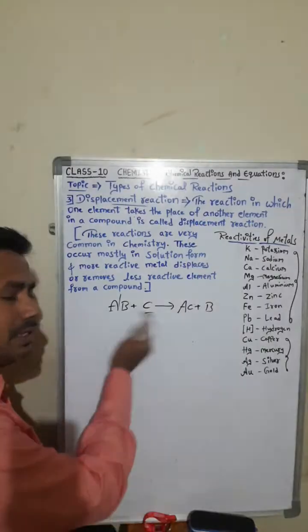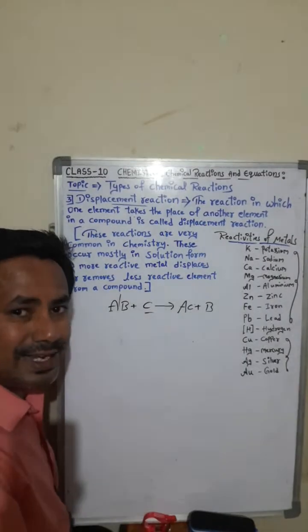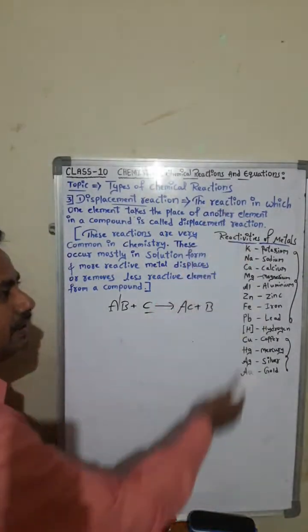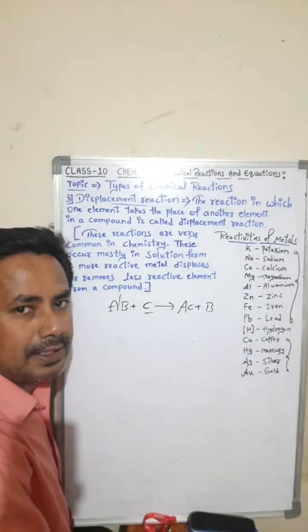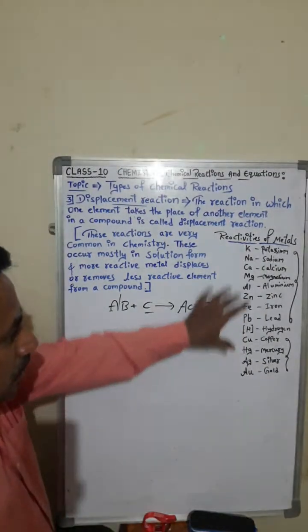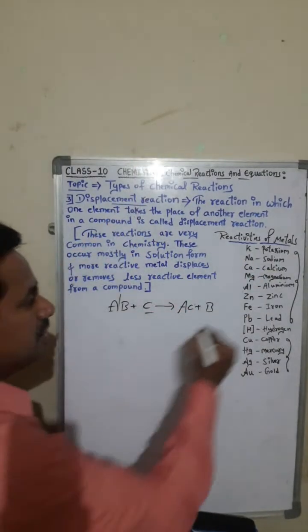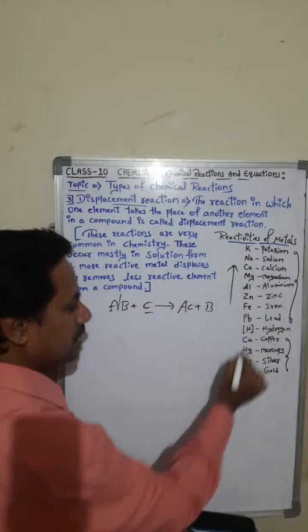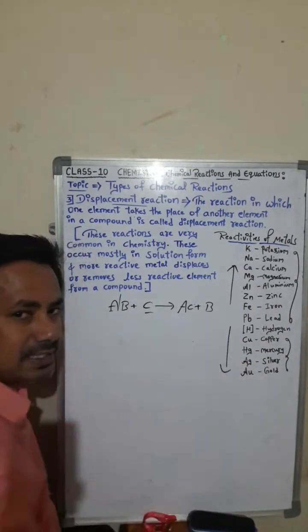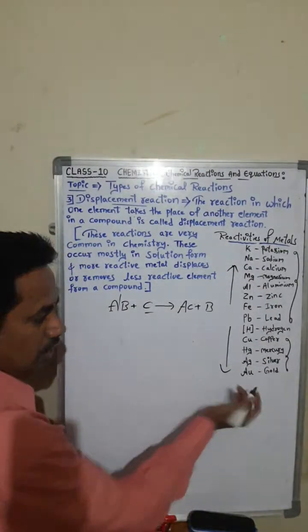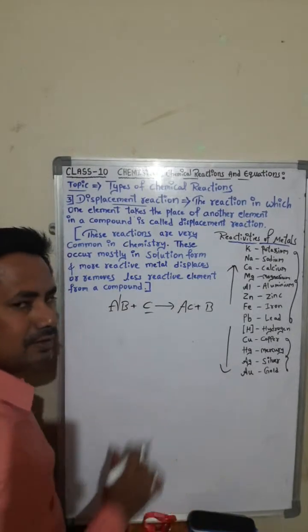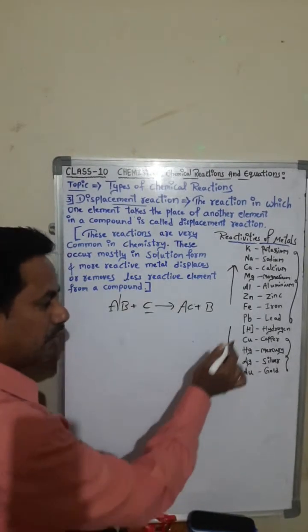So what do you mean by more reactive? What do you mean by less reactive? I have written here the reactivity series of metals. Whatever these are here, they are more reactive elements. The reactivity series increases in this direction, students, and decreases in the other. So gold is very less reactive, silver a little bit less, mercury, copper.